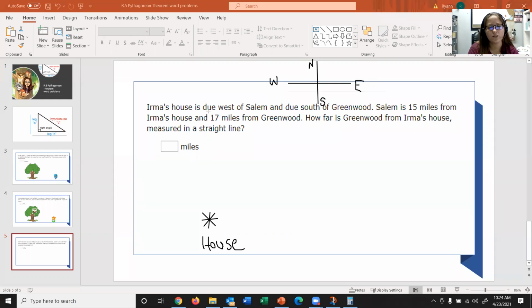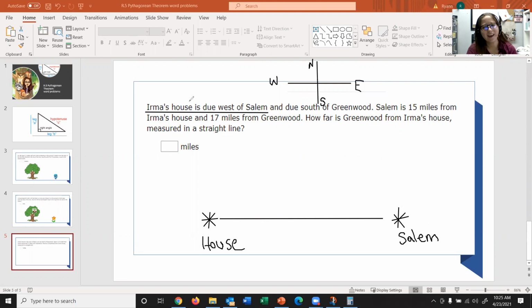So when we look at this question, it says Irma's house is due west of Salem, which means that Salem is going to be over here, and then Irma's house is west of that point. Okay, so this is Salem. And notice too, this picture does not have to be anything fancy.